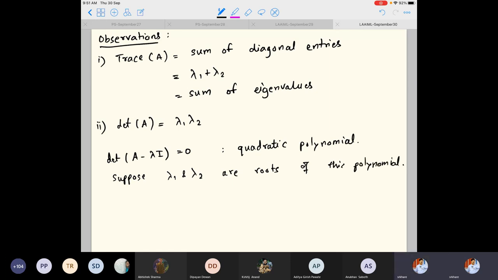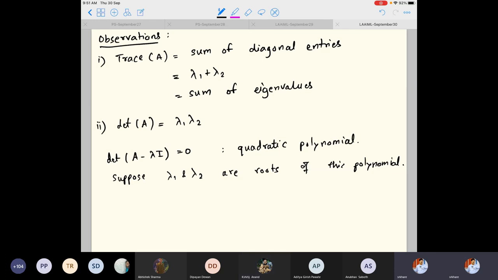How will you construct this polynomial back? What will be this polynomial, determinant of A minus lambda I? If we write down the polynomial as a lambda square plus b lambda plus c, we don't have a leading coefficient because we have a monic polynomial here, right?